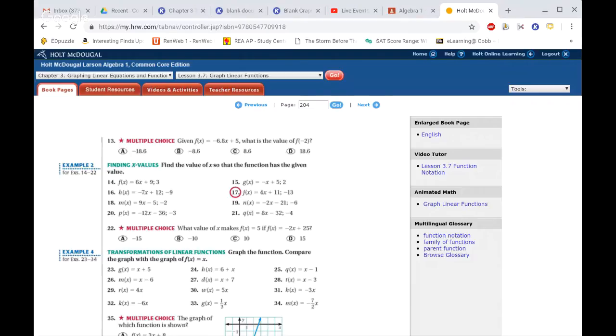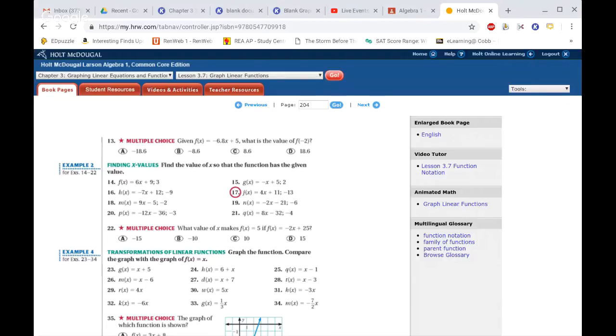Those ones for x? Say that again. You broke up. Never mind. So you write it negative 13 equals 4x plus 11. Yes, that is it. And then you solve for x. In the instructions, it says find the value of x.